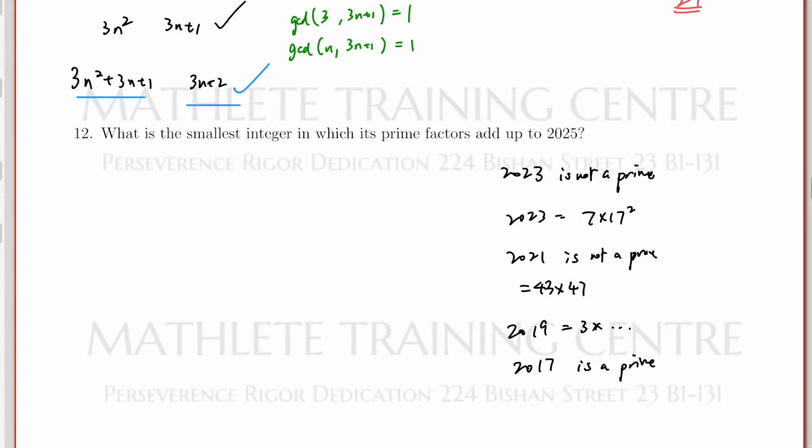Now, if you didn't remember this fact that 2017 is a prime, then during the competition itself, you'll be spending a lot of time to check the factorization of it. Right? Or if you didn't remember that 2021 is not a prime, you'll also be spending a lot of time to check the factorization. So that's why I don't like this question. Right? This question tests you on more of your knowledge than actually whether you can do math. Right? Okay, anyway, 2017 is a prime.